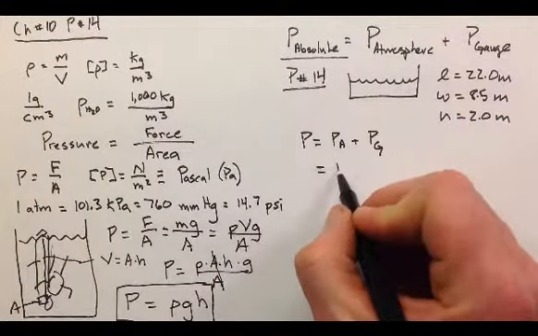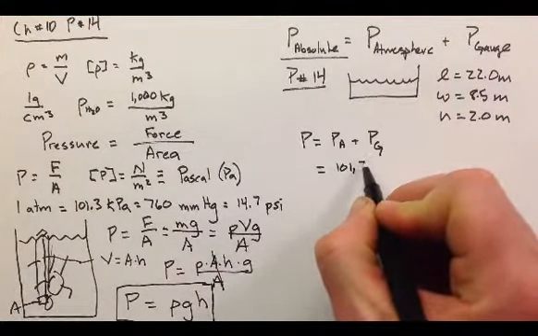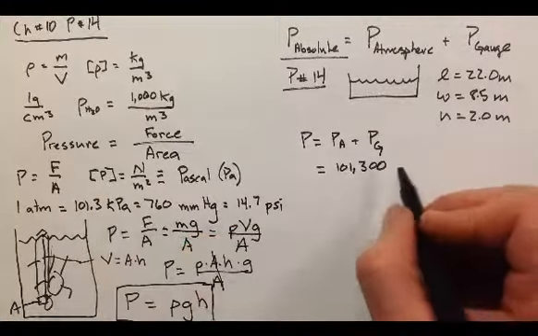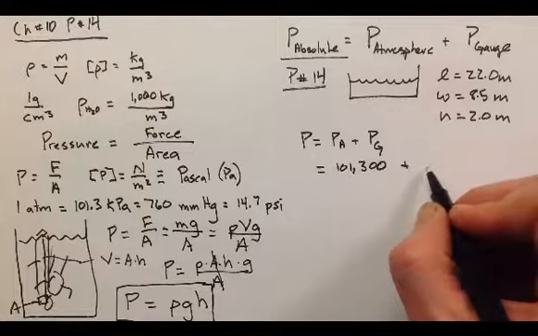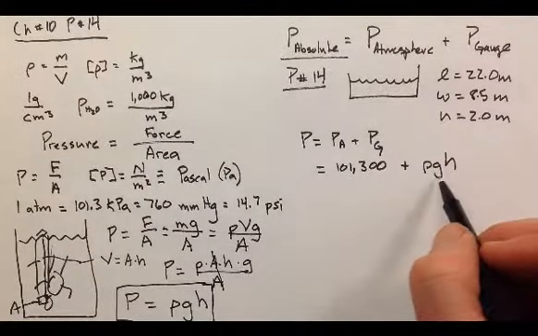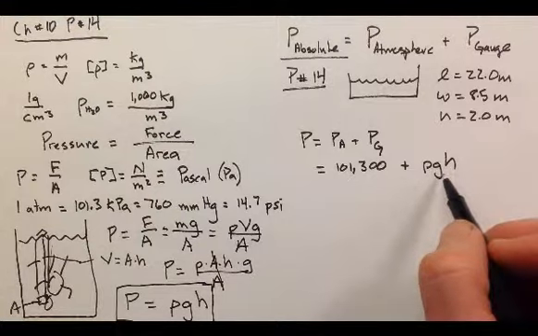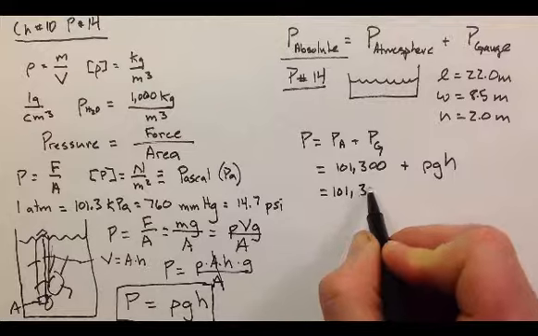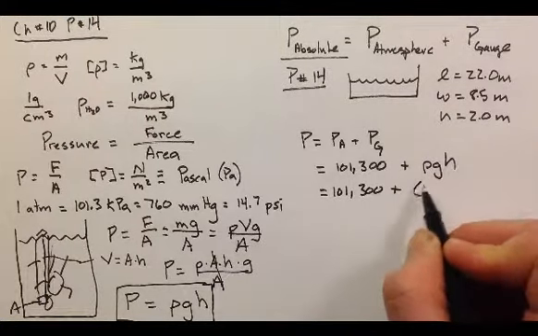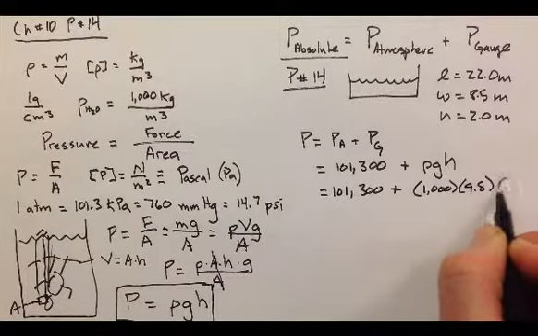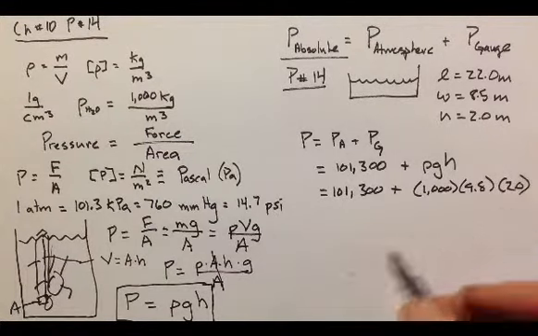Atmospheric pressure would be 101.3 kilopascals, right? Plus the gauge pressure, which would be equal to the density of this water times g times the height. So this would be 101,300 plus the density of water times 9.8 times the depth, 2.0.